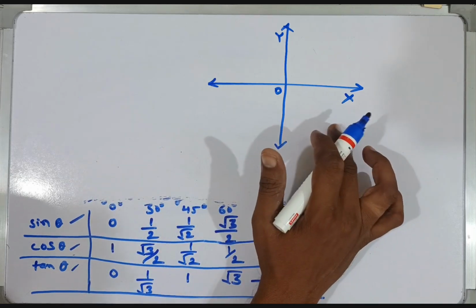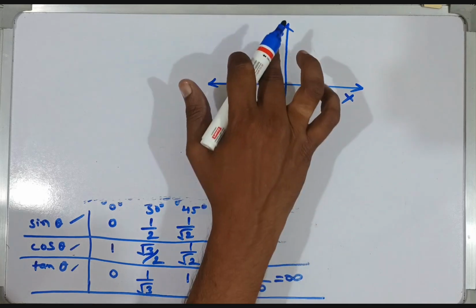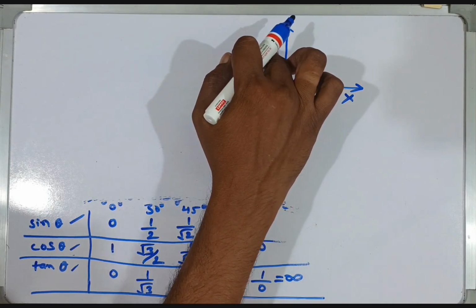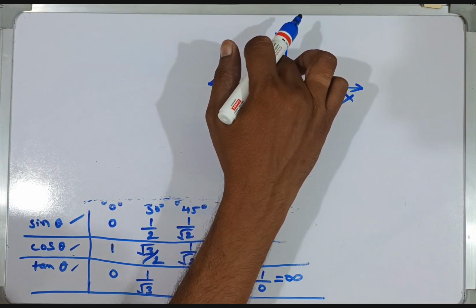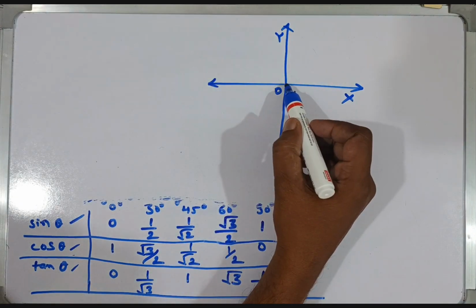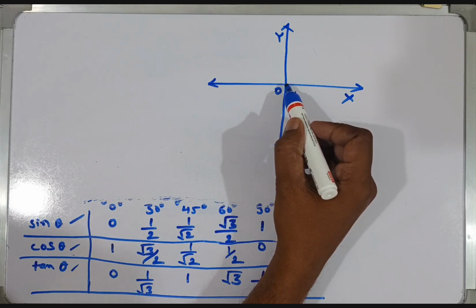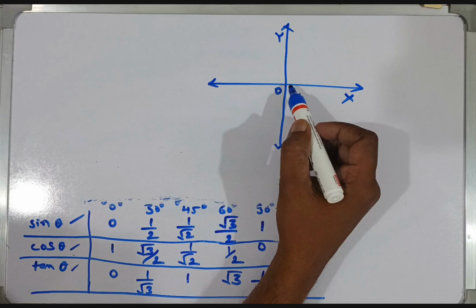This is the x-axis and this is the y-axis, as known in mathematics, and the point of intersection of these two lines is known as the origin.